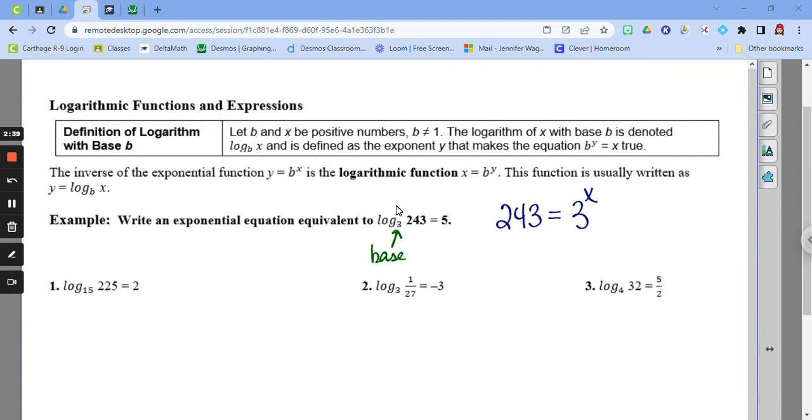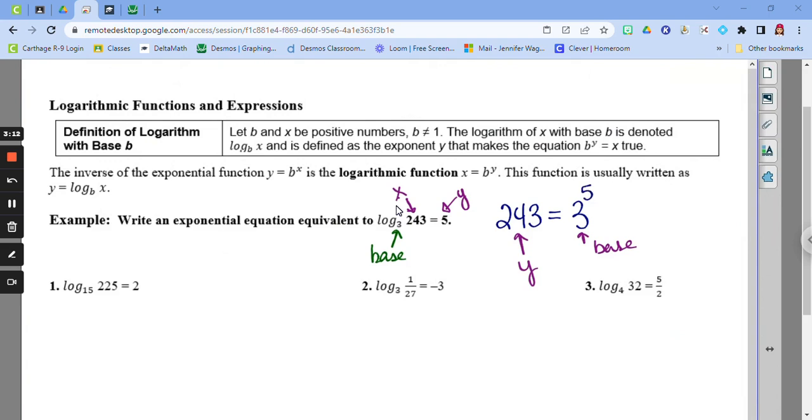Okay, so keep in mind, this is considered our x. So there's our base. Here's our y. I meant to put that as 5 instead. There you go.